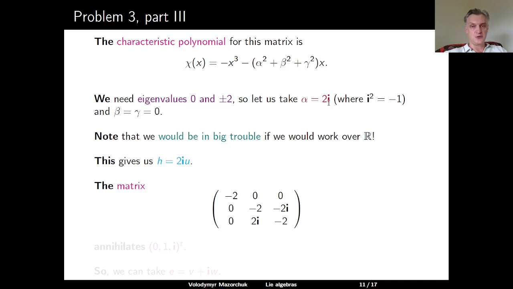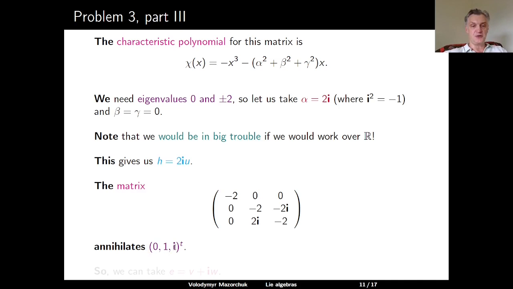Recall that alpha is 2i, beta and gamma are 0. So we get the matrix with rows (minus 2, 0, 0), (0, minus 2, minus 2i), (0, 2i, minus 2). And the vector annihilated by this matrix is (0, 1, i).